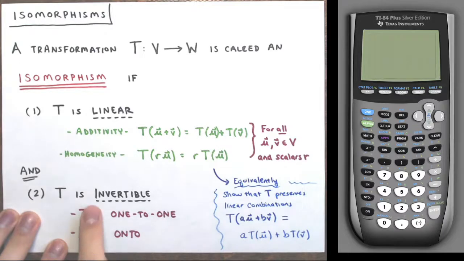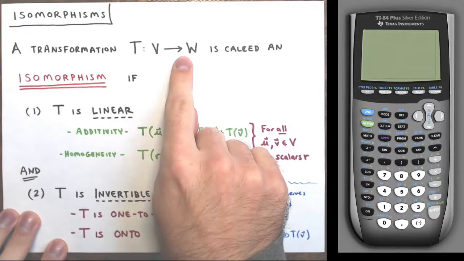The only way T is invertible is if the following two hold, and I just put up videos recently on these. If you've been following, T must be 1-to-1.